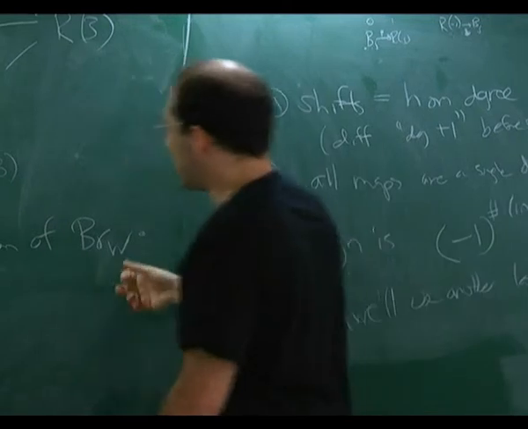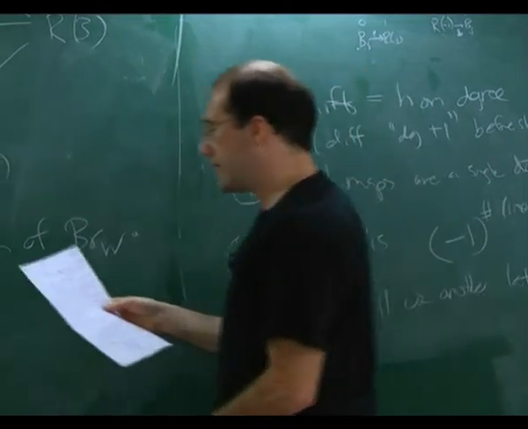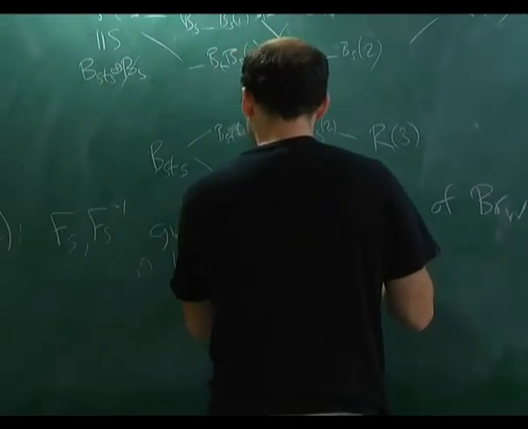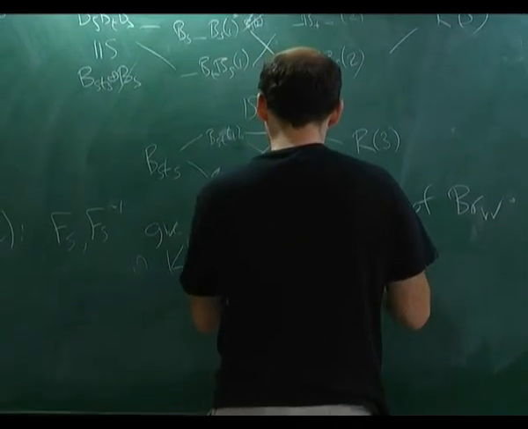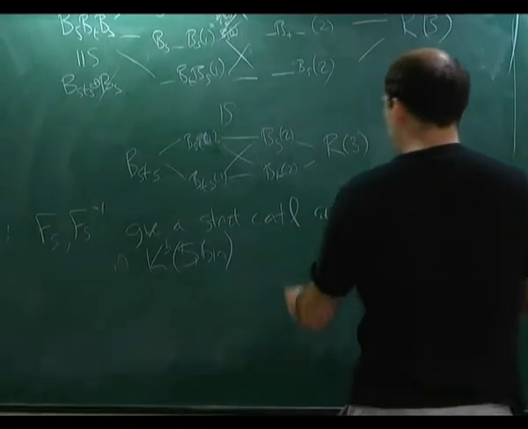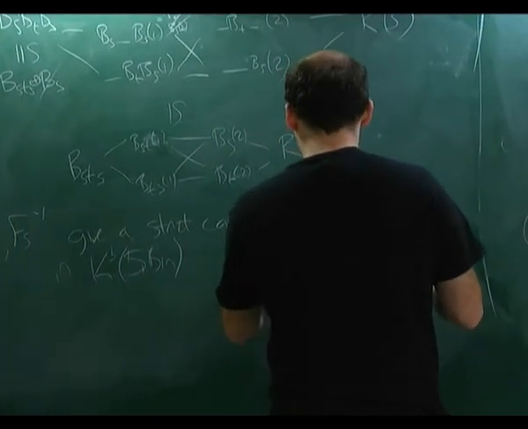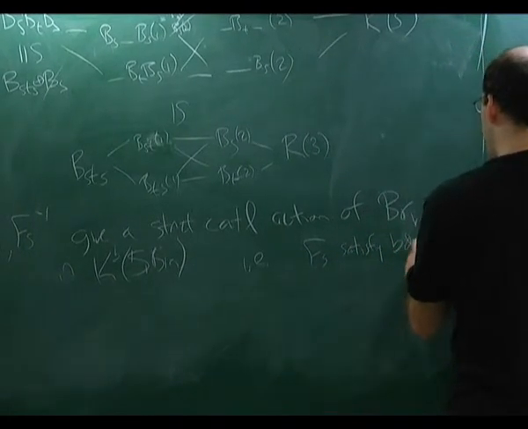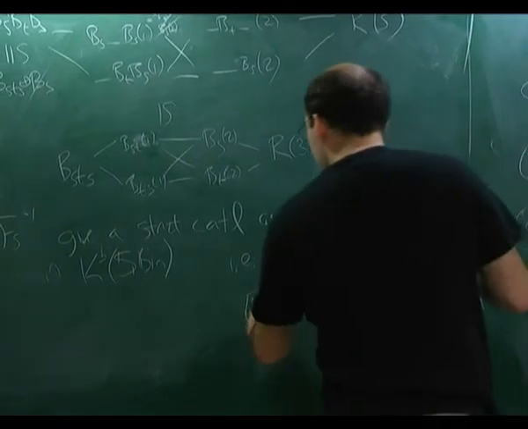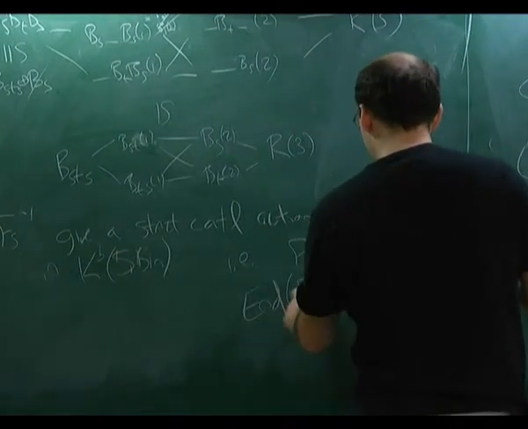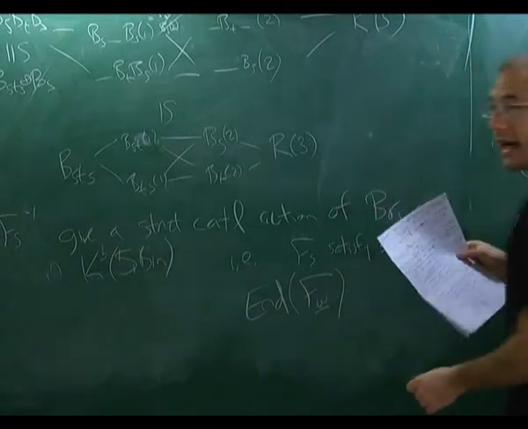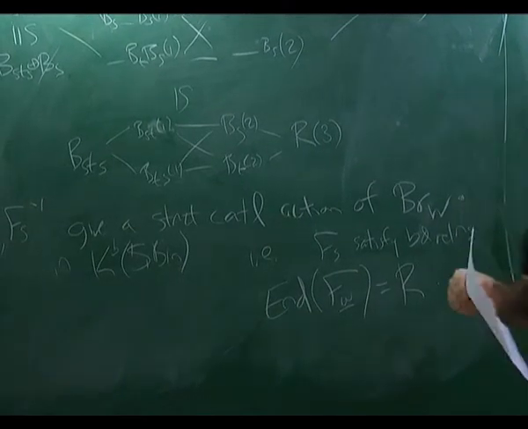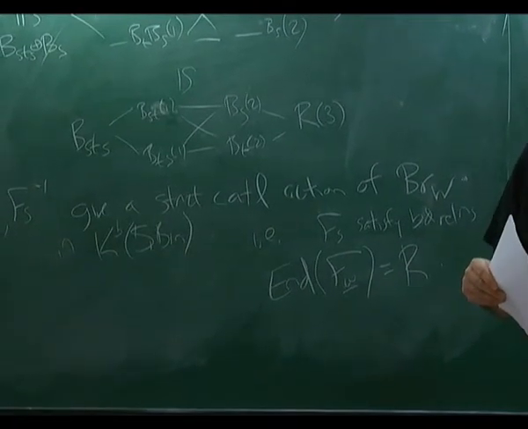Okay? So this is a strict categorical action, which means there's a canonical way of identifying any two things, okay, in this homotopy category. Okay, which is, so said another way, these things satisfy the braid relations, and the endomorphism ring of any given Rouquier complex is actually just R. Okay, up to homotopy.